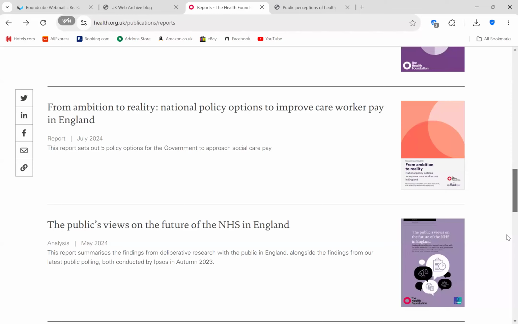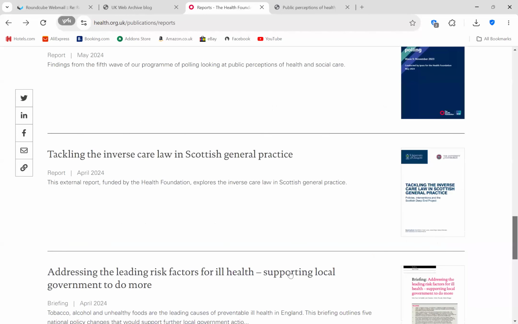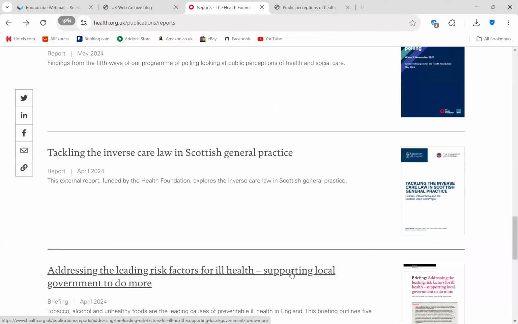Let's talk about the risk factors for ill health, supporting local areas to do more. I just clicked on it, and this is something that could interest me.